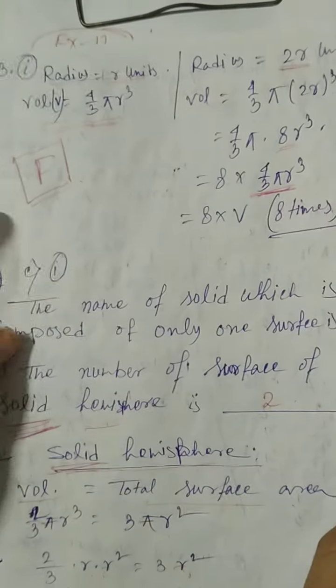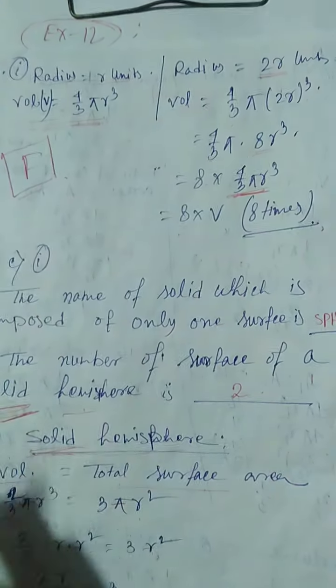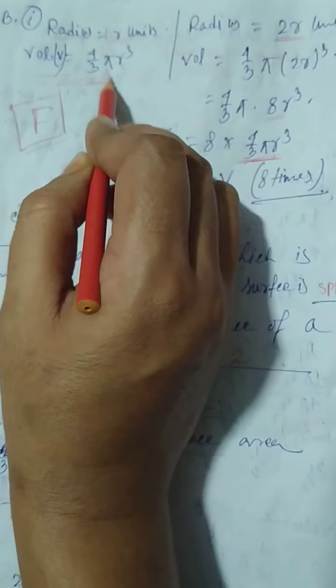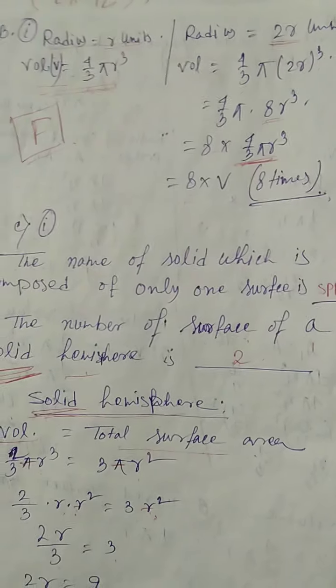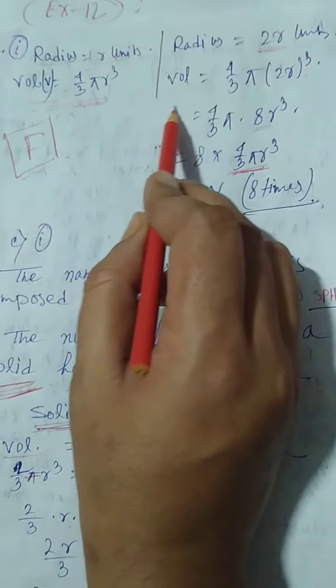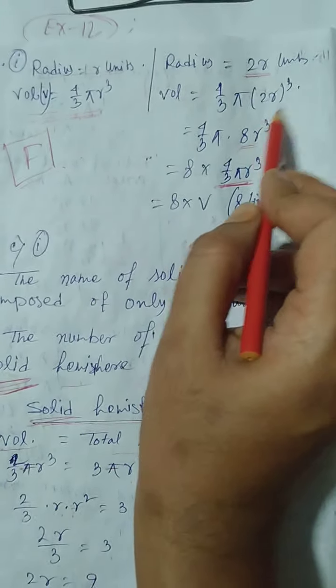Next, true false. Question number B1. Here the radius of a sphere is r units and its volume is 4 by 3 pi r cube. Okay. If the radius is increased to 2 times the previous radius, then the radius will be 2r and the volume will be 4 by 3 pi radius cube, that is 2r whole cube.